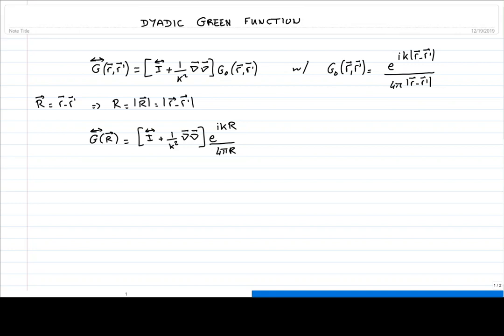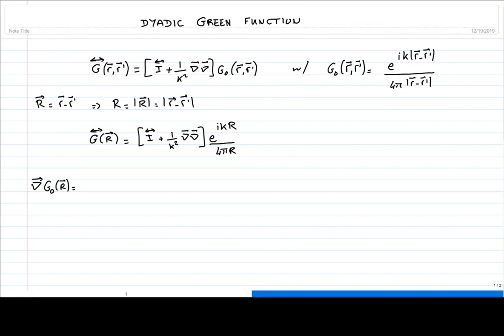So what we're going to be doing right now is just try to expand this, apply those operators in the bracket onto this scalar green function, and calculate this piece by piece. The first thing we're going to do is calculate the gradient of our scalar green function, in other words, the gradient of the exponential ikr over 4 pi r.